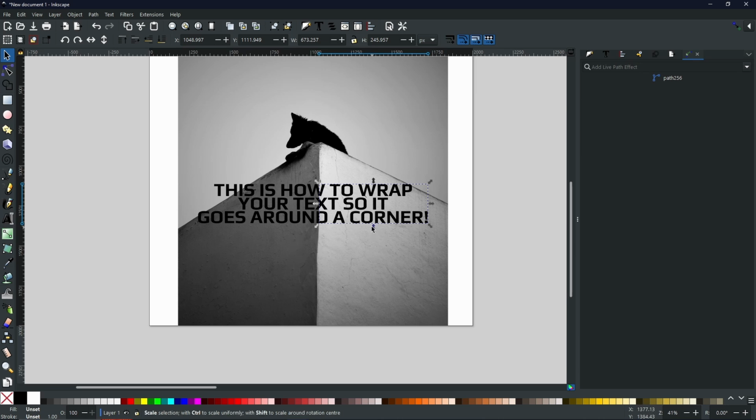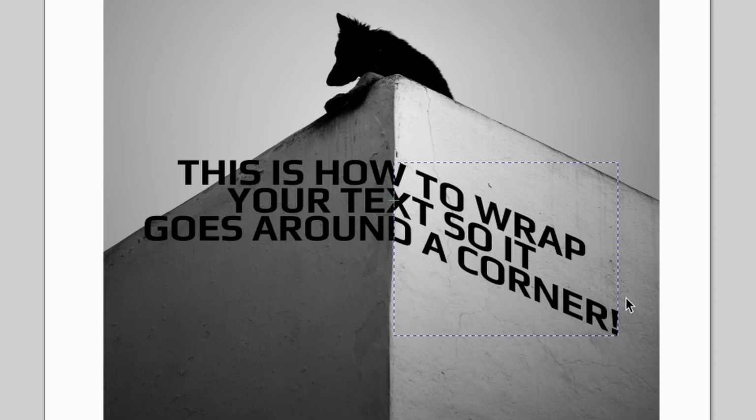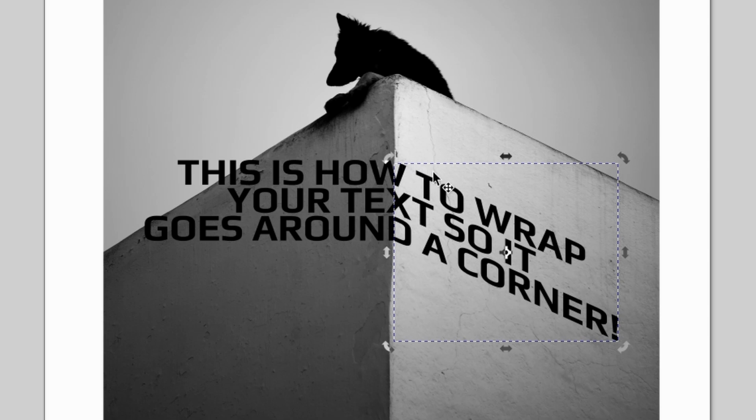Now with one of them selected, I'm going to select it again to get the rotation handles up. Hold Shift and then click on the arrow at the side, and then you can move it without the center moving as well. I'm going to eyeball it to try and get the top edge going across here to be symmetrical and parallel to this one.